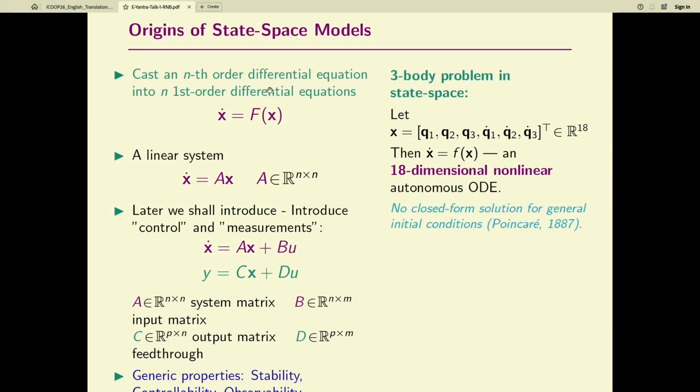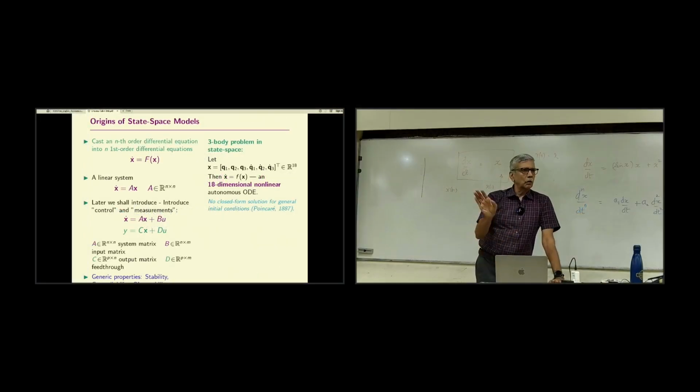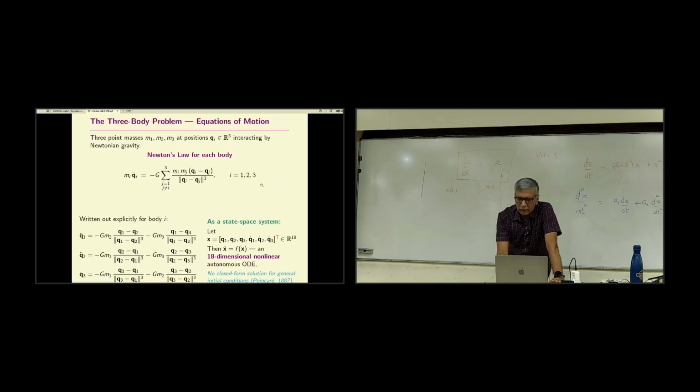I'll be sharing my presentation after this, so I'll give it to the sponsors and they will share it with you. So the Poincaré equations for the three-body problem would look like this, as was said here, in terms of a state space of this form, right? Where each of the q_i has three components.